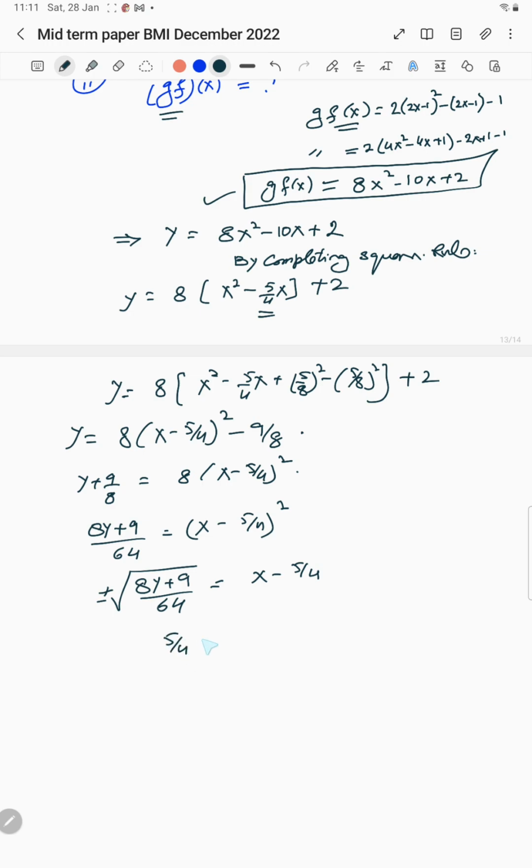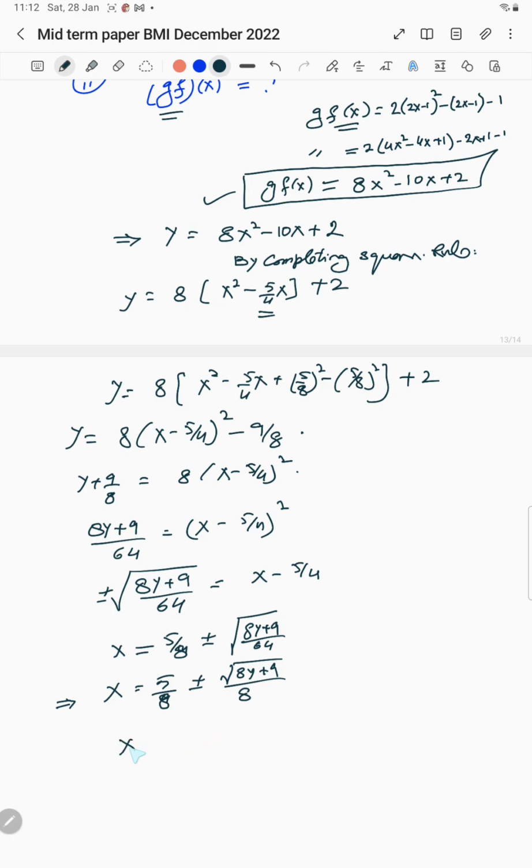So 5 by 4 plus minus (8y plus 9) by 64 equal to x. So x will be 5 by 4 plus minus square root of (8y plus 9) by, and square root of 64 is 8. I will write 8 here. This is not, this is 4, it is 64 square root is 8.